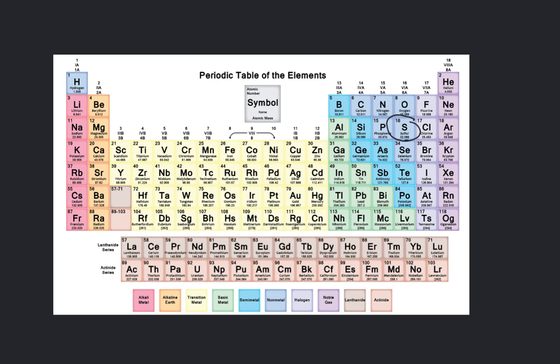So mass is equal to protons plus neutrons. And sulfur has 16 protons and it's about a mass of 32. So it's got about 16 neutrons to be 32.